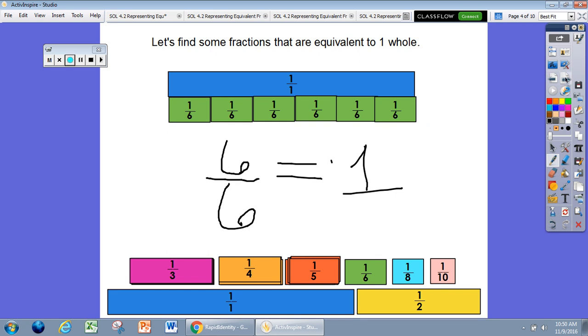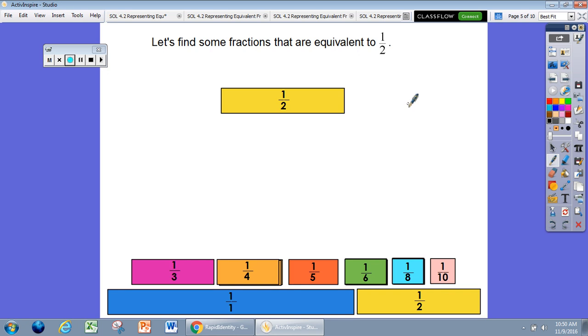Okay, let's try some equivalent fractions. And this time, let's look at some equivalent fractions to 1/2. I wonder how many fourths it would take to be equivalent to 1/2. Pause the video and build it in front of you with your fraction bars.